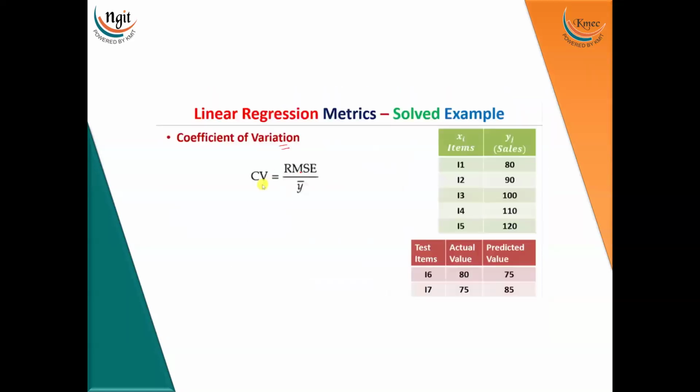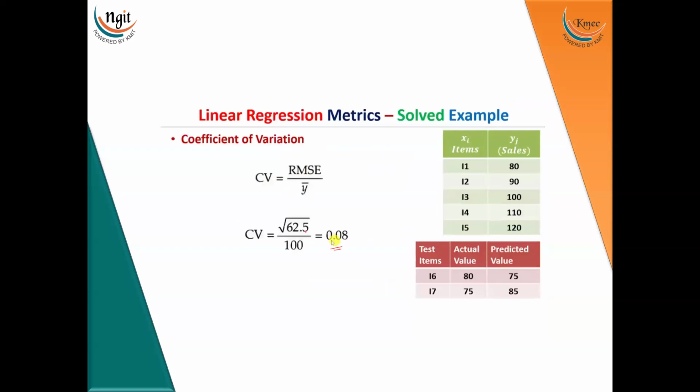So the coefficient of variation is given by root mean square error divided by y bar. We got it as 0.08, that is very small, so that indicates that ours is the best fit model.